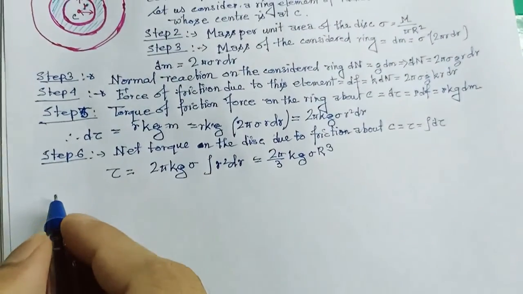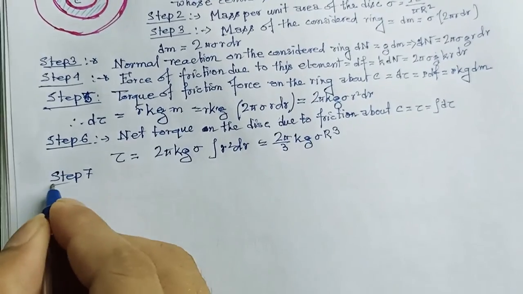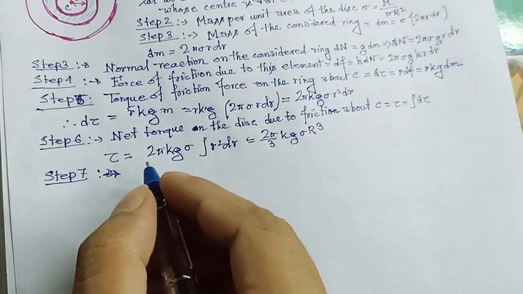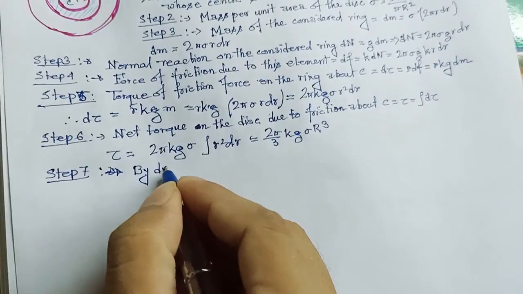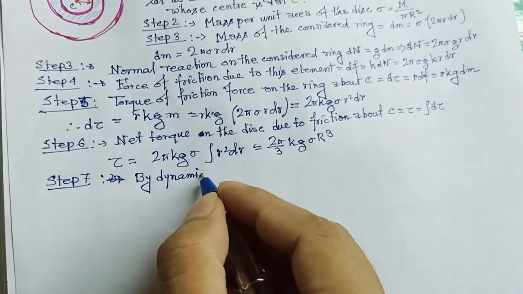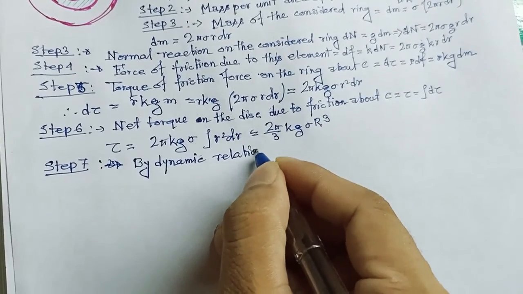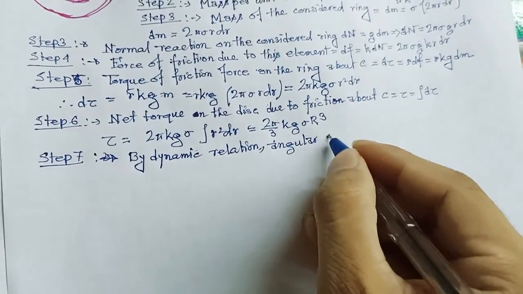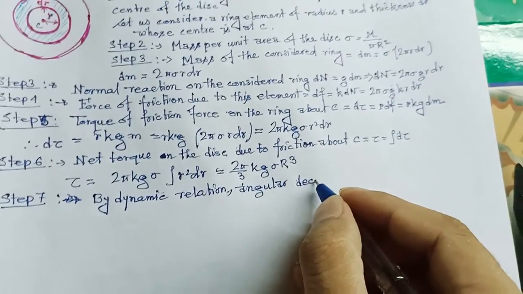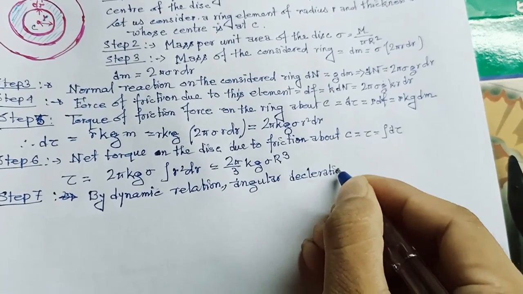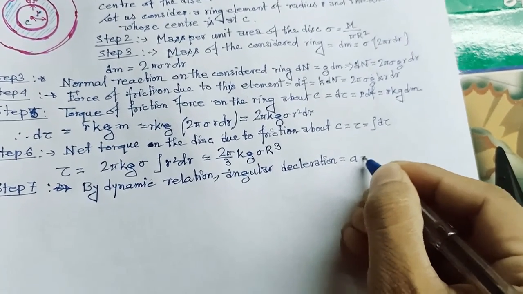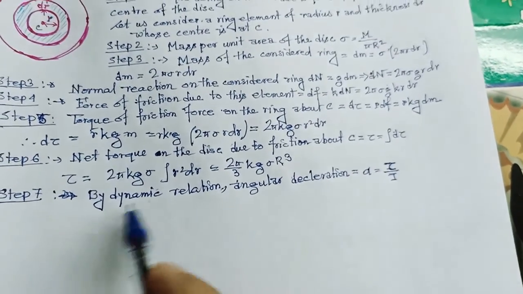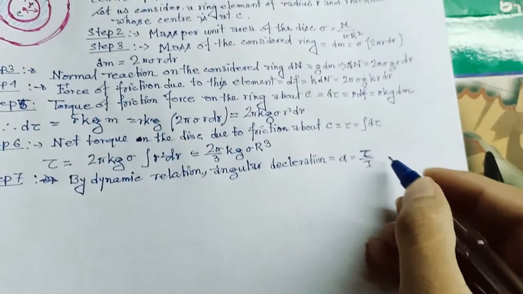Now step 8. We will apply the dynamic relation. By the dynamic relation, angular deceleration will be alpha, which is equal to tau divided by I. As we know, the value of tau is this, and the value of I is equal to half m r square.